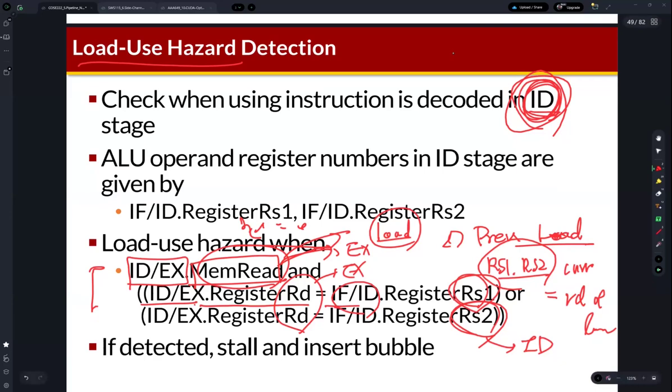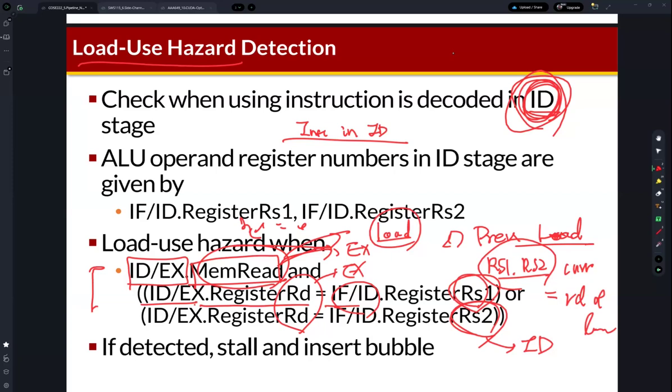So if this load use data hazard is detected, then we need to stall. Stall means that the instruction in the ID stage stays in the ID stage for an additional 1 clock cycle, right?